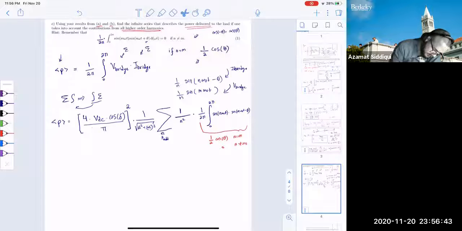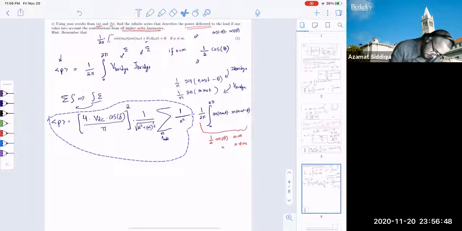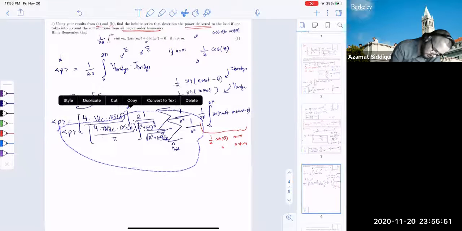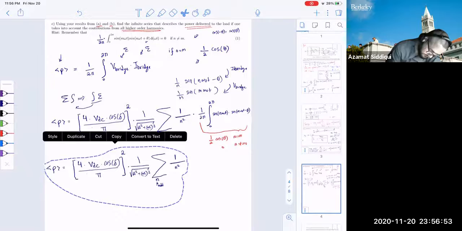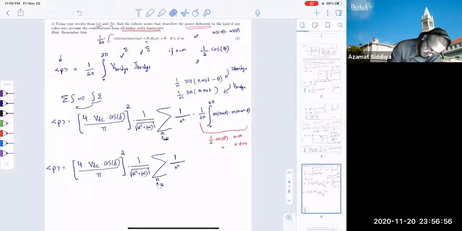So our final answer should look something like this. Take the easy route and copy some of the data. And then n starts from 0 to infinity of 2m plus 1 squared. And that one is always going to give me one half cosine of theta.